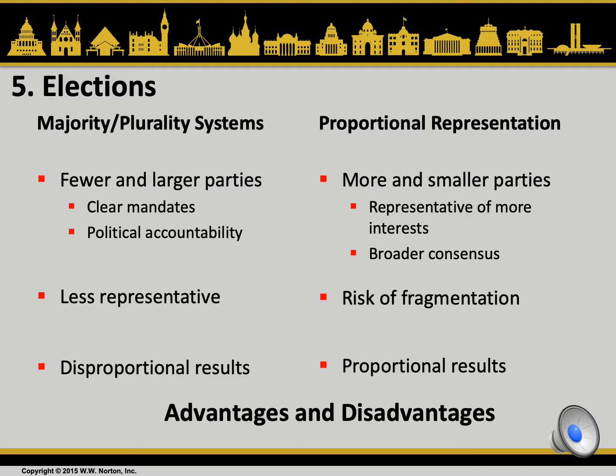In proportional representation, the advantage is that there are more and smaller parties, and they represent more interests across the population, and therefore a broader consensus is brought into the governmental bodies.